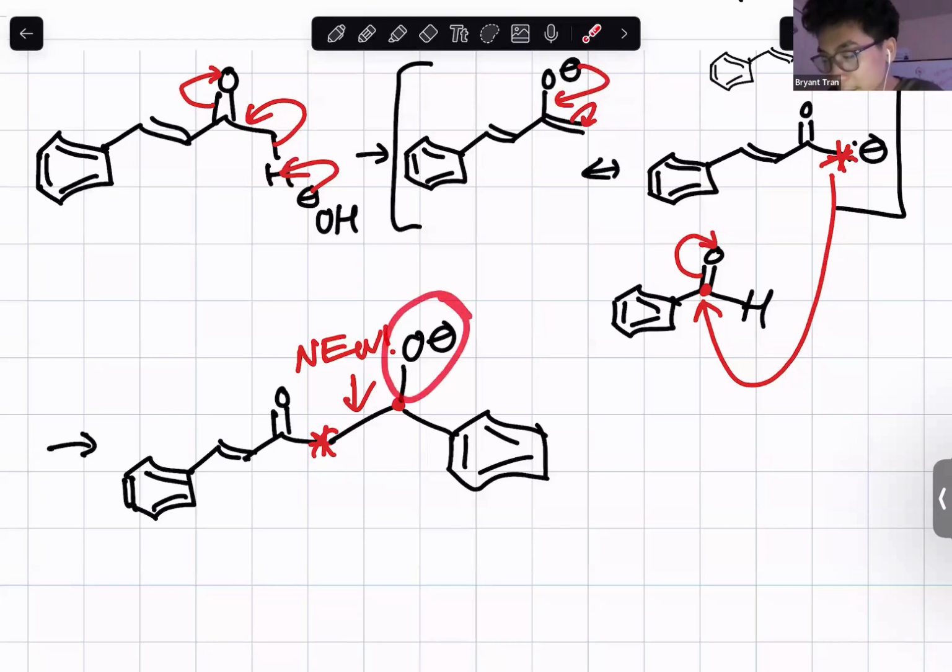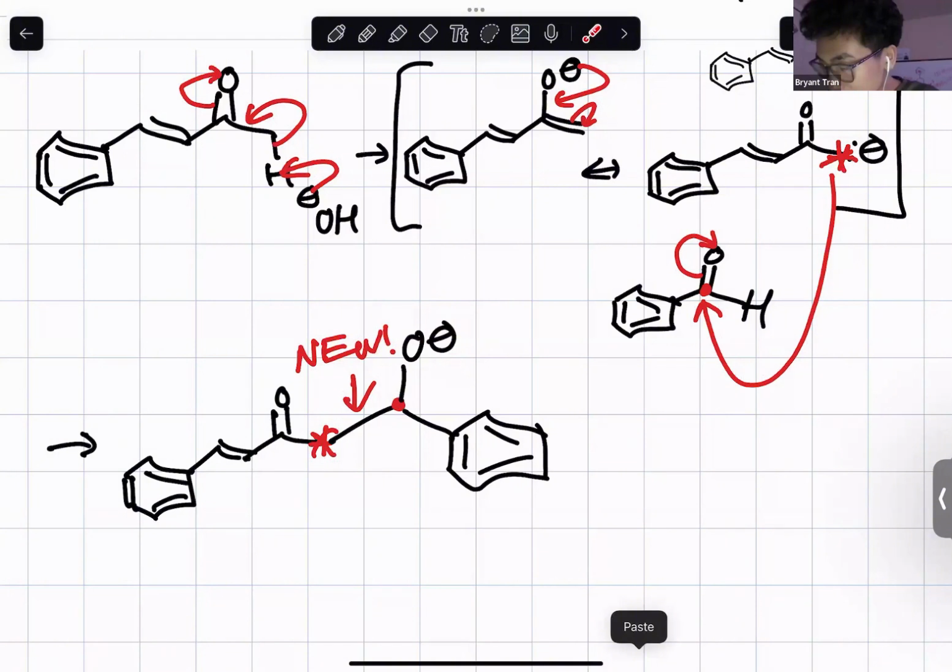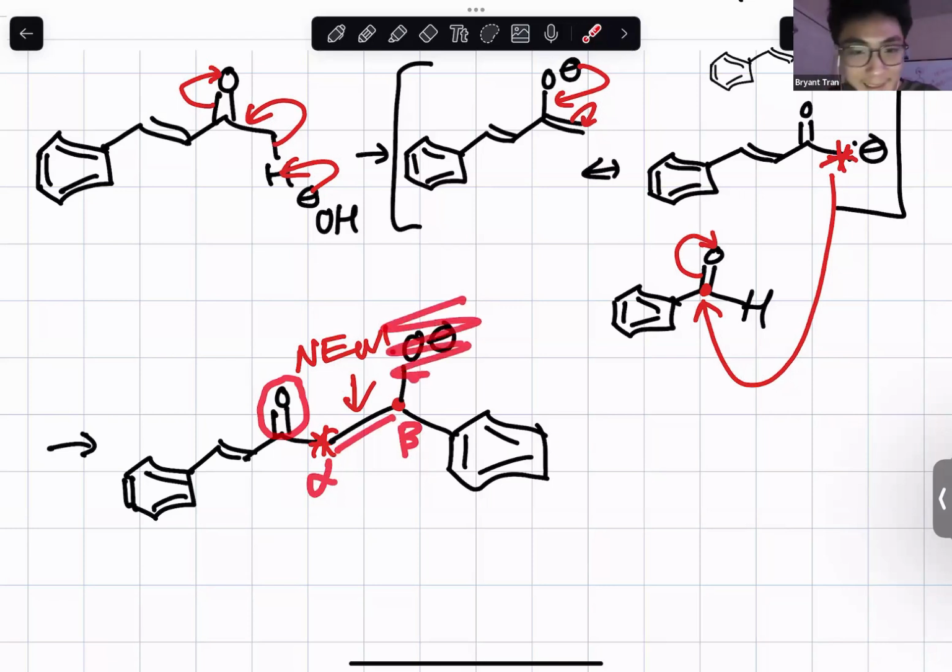This O minus here, we eventually want to make it a neutral OH, and then later kick it out in the mechanism, right? Because eventually in the final product, this carbonyl here, we want a double bond between the alpha and beta carbon right there, and get rid of that OH. That will eventually become OH like that. Okay.